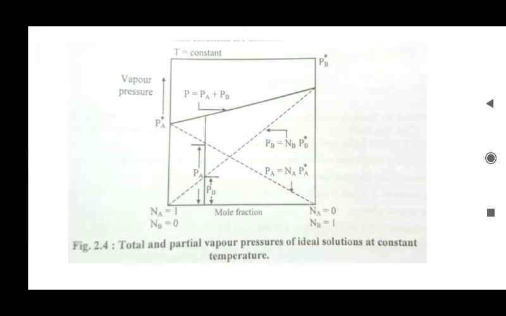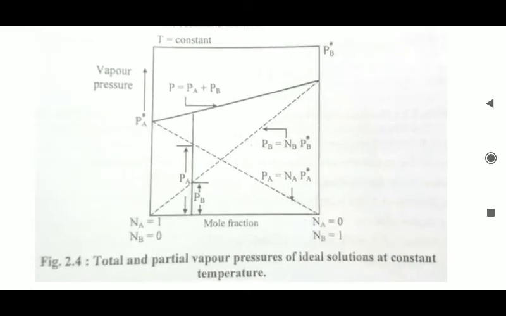See this figure. This is the total and partial vapor pressure of an ideal solution at constant temperature. The dotted lines represent the partial vapor pressures of A and B, that means PA and PB are given by the equations. The solid line represents the total vapor pressure P, and the total vapor pressure at all intermediate concentrations can be obtained by taking the sum of the partial pressures of the two components corresponding to the particular concentration.